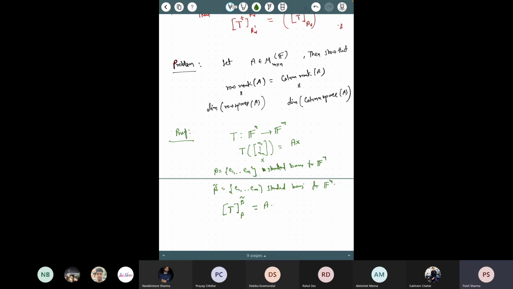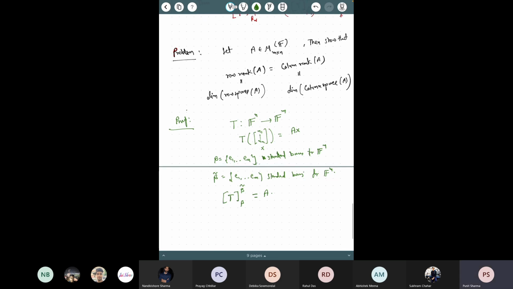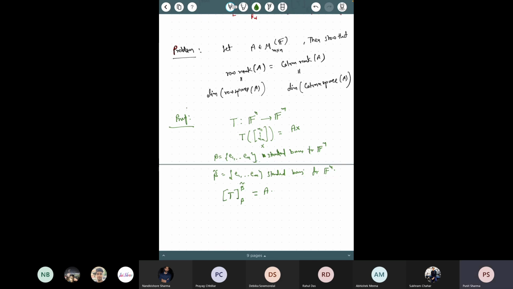This you can verify. Now also, not only this, suppose that I write A column wise, let's say A1, A2, up to An. A is of size m cross n, so it will have n columns.